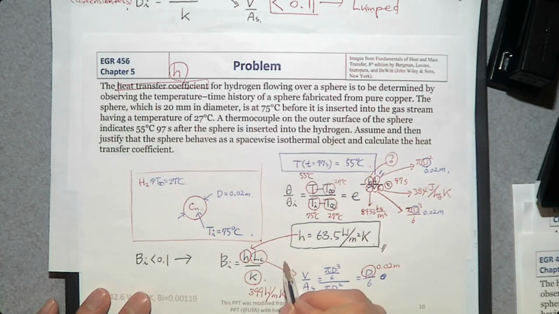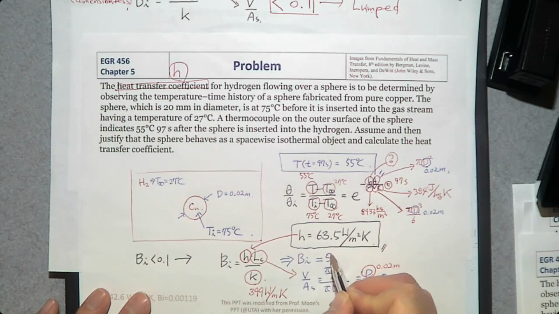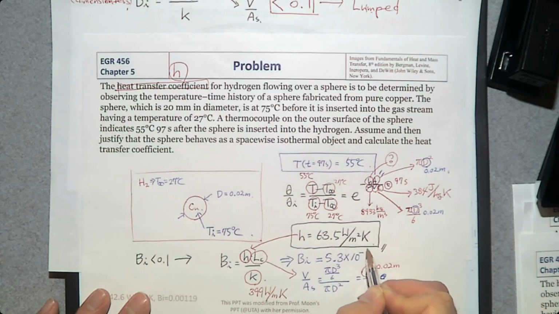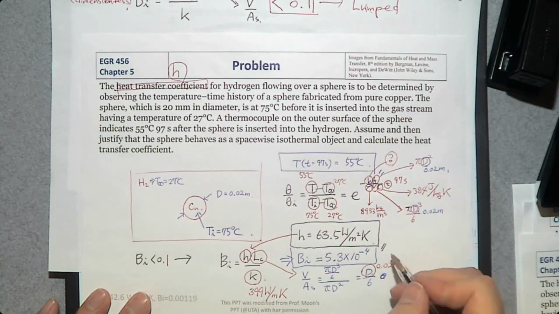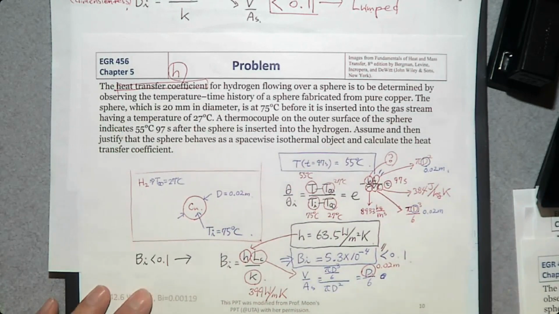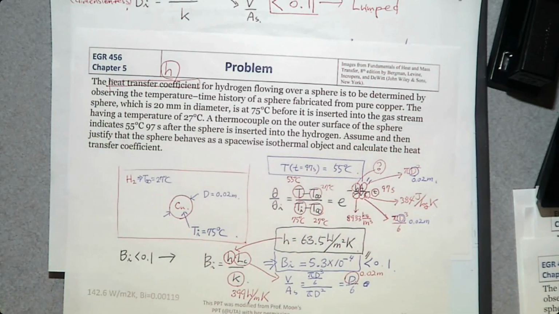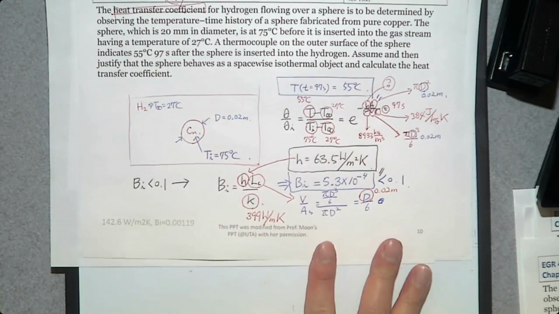Then you can determine Biot number. That Biot number should be 5.3 times 10 to negative 4, which is less than 0.1. So we can use the lumped system analysis.